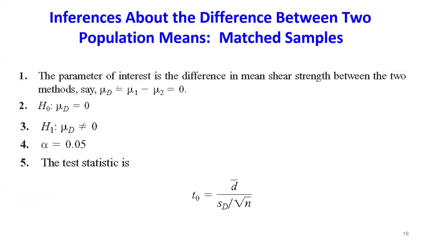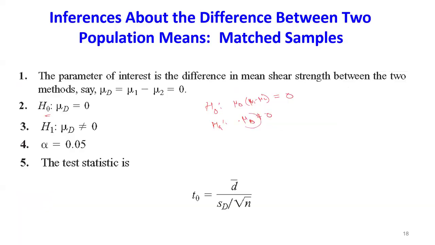So here my H naught, the null hypothesis, says there is no difference. So mu D, which is nothing but mu1 minus mu2, is equal to 0. I'm saying that there is no difference. And the alternate hypothesis says that there is a difference, which is mu D not equal to 0.